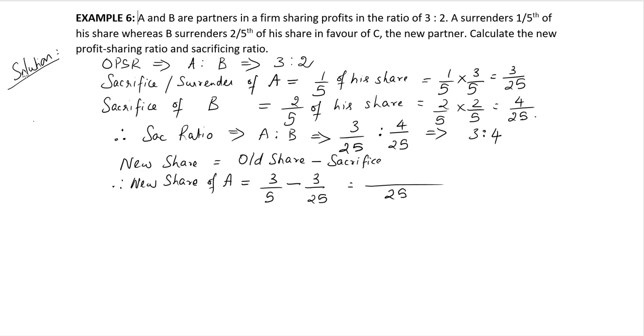LCM 25. Answer is 12 divided by 25. Similarly, the new share of B is equal to old share of B, 2/5, minus the sacrifice of B, which is equal to 4 divided by 25.